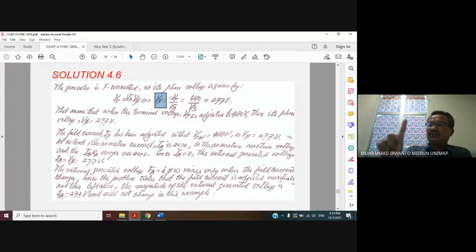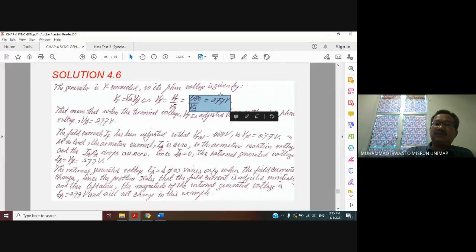So phase voltage is equal to terminal voltage, or line to line voltage, divided by root 3. We obtain the phase voltage is 480 divided by root 3, equal to 277 volt.